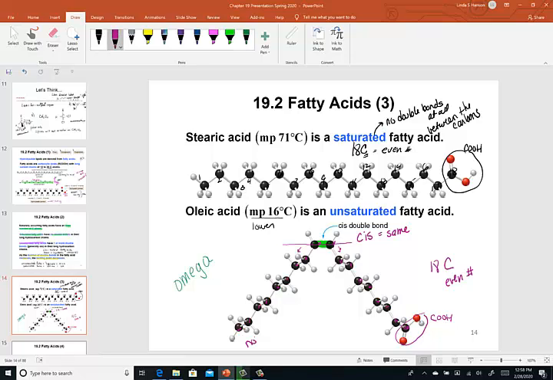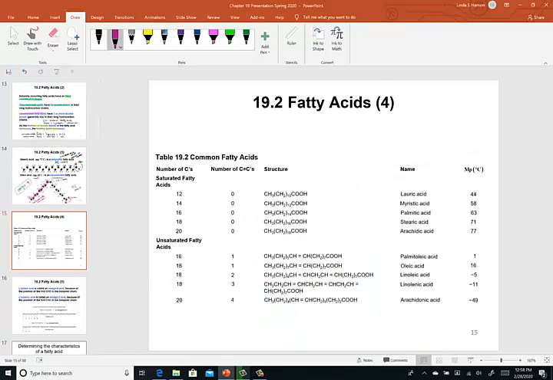Start from the non-polar side and just count 1, 2, 3, 4, 5, 6, 7, 8, 9. At carbon number 9, we hit the first double bond. Starting from the non-polar side, we would count 9 carbons. So another way of naming oleic acid is to call it omega-9. We'll learn a little bit more about that in upcoming practice.